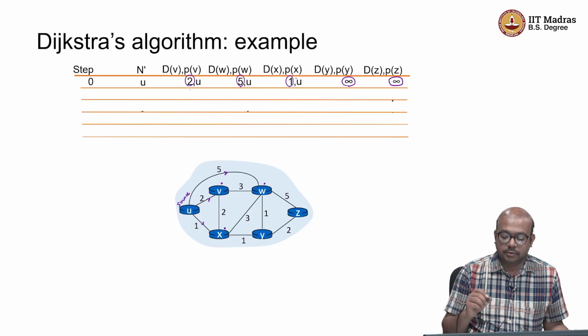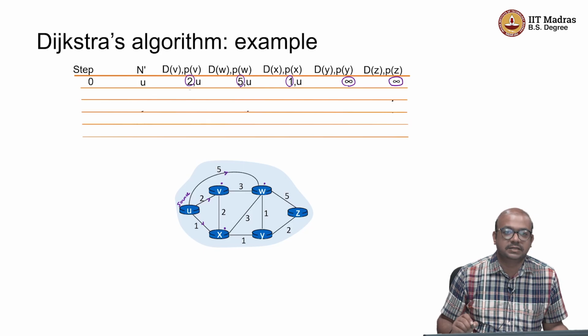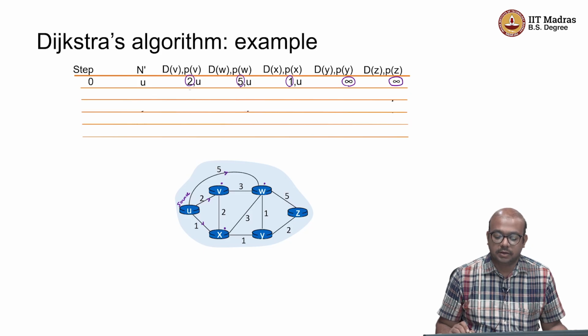So here dx is minimum. I definitely know that if I want to reach x, you cannot beat this cost 1.